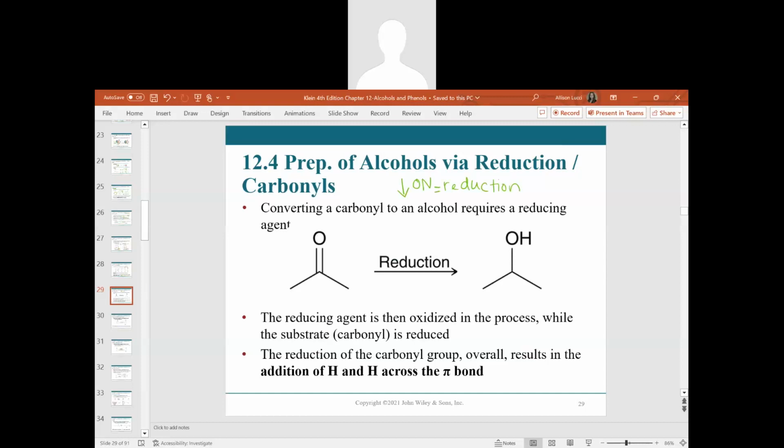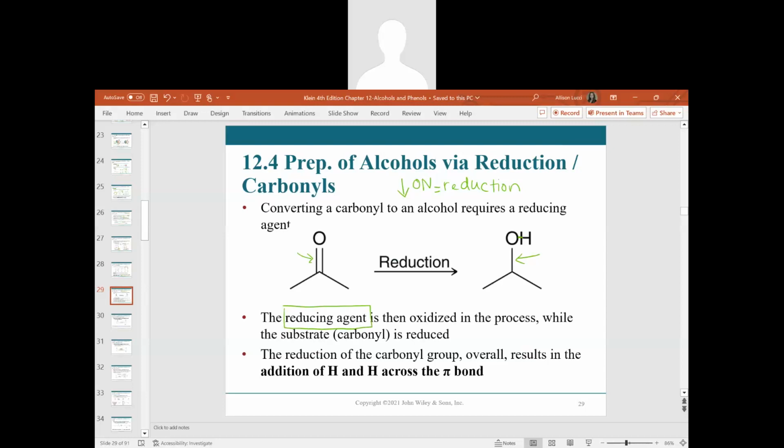Another generalized way to look at this is, are we reducing the number of C-O bonds as we go from a carbonyl to our alcohol? That would be an obvious way to see a reduction as well. So we reduce the number of oxygen bonds or increase the number of hydrogen bonds, which is generally seen with a reduction. So we have whatever reducing agent is used here.